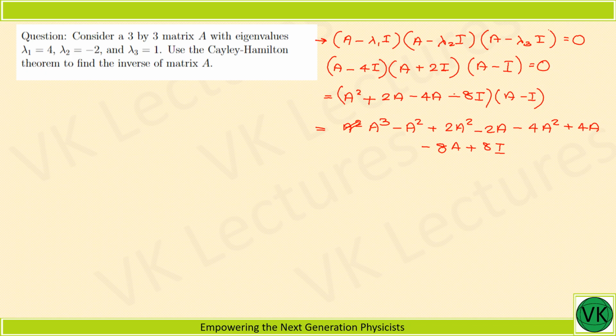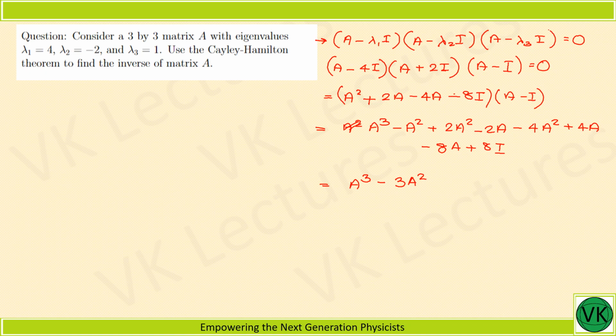Now this gives us A cube, and the A squared terms: 1 minus 4 plus 2, it becomes minus 3A squared.